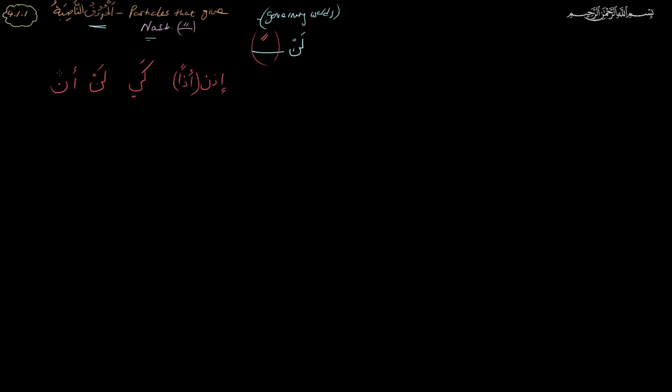So these are the four main particles of nasab: an, lan, k, and izan.